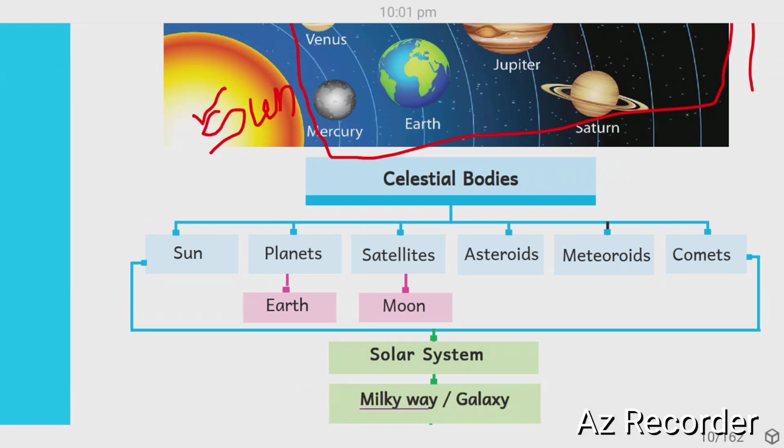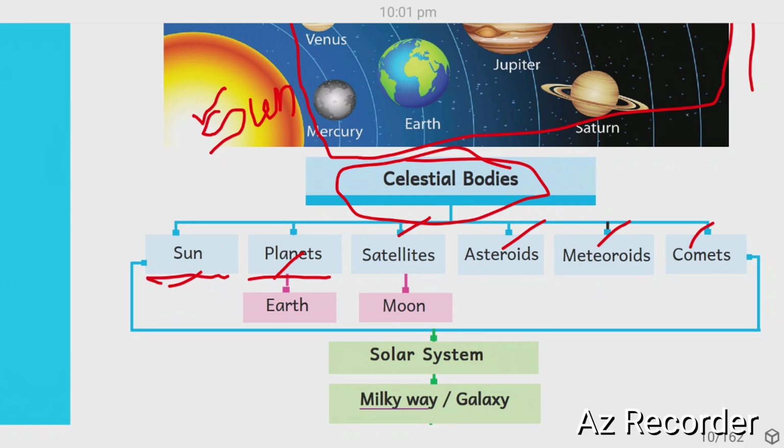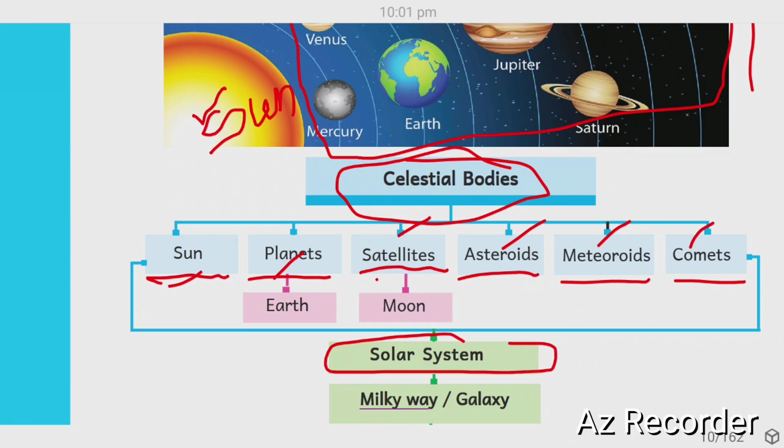These are the sun, planets, satellites, asteroids, meteorites, and comets. All these are celestial bodies. It means we can see all these things in the sky. So we are going to discuss all these things, and also these are the parts of the above things.